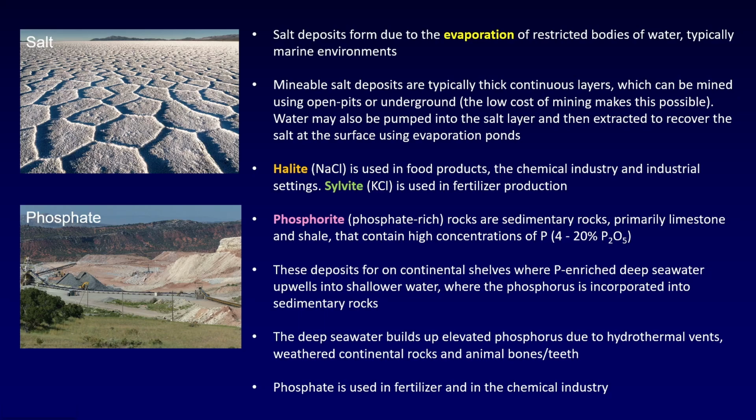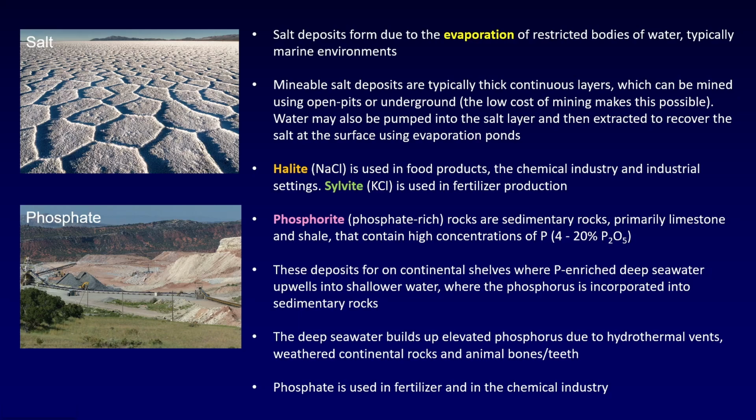And so that means these deep ocean waters will build up elevated concentrations of phosphorus within them. And then due to ocean circulation, sometimes that deep ocean water gets pushed up onto the continental shelf and the phosphorus becomes incorporated into the sediments being deposited on that continental shelf.